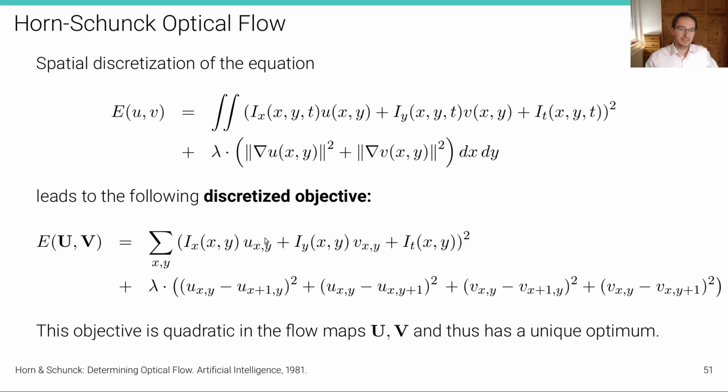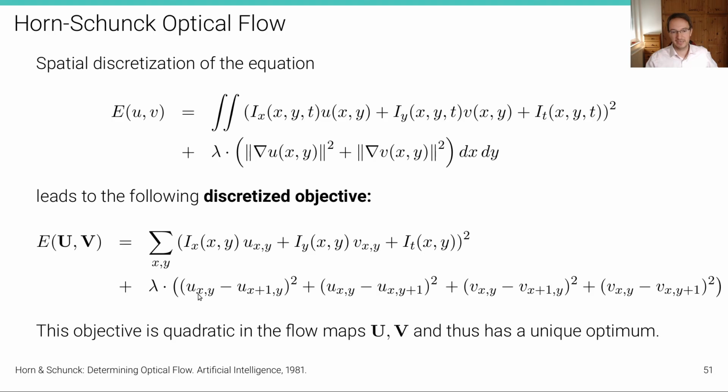And so we have the derivative of I with respect to x, y, and t, but now we don't have functions, these are just elements of the matrices u and v, indexed by x and y. These are spatially discrete elements. And also this term here becomes this term. Instead of the gradient, we have a numerical approximation to the gradient.